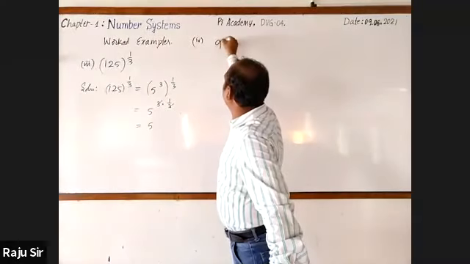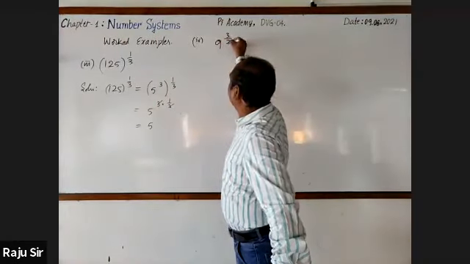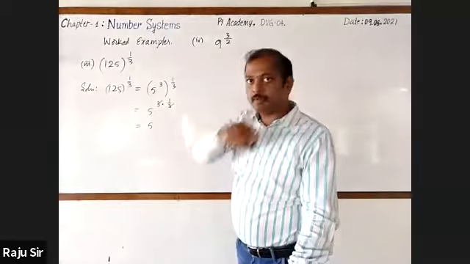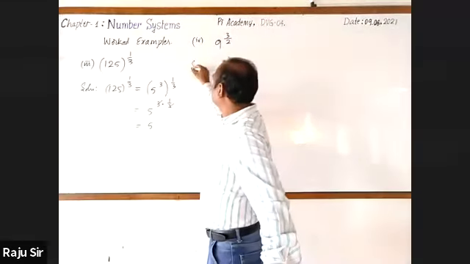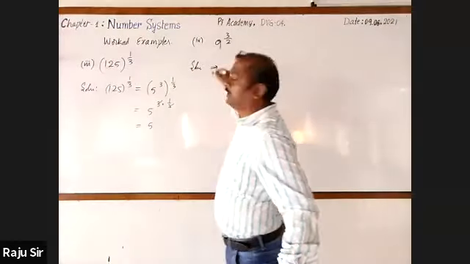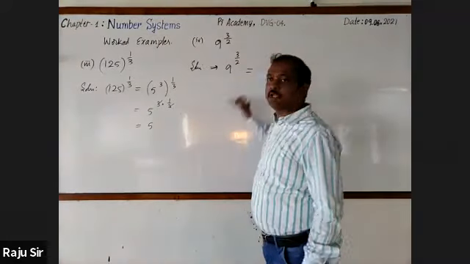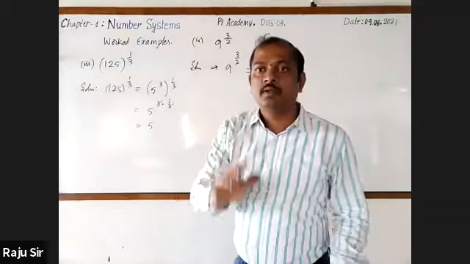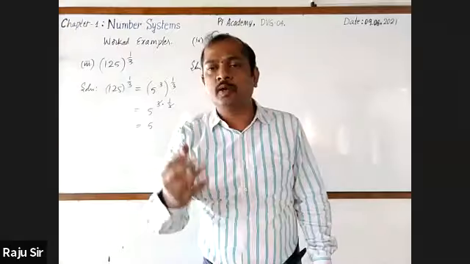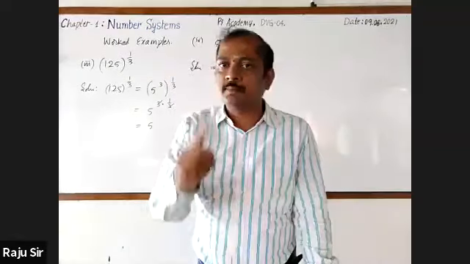9 raised to the power 3 by 2. This is also very simple. Write with me: 9 raised to the power 3 by 2, which is equal to... Just listen. Dear students, what do you say about 9? Is it a perfect square or a perfect cube?